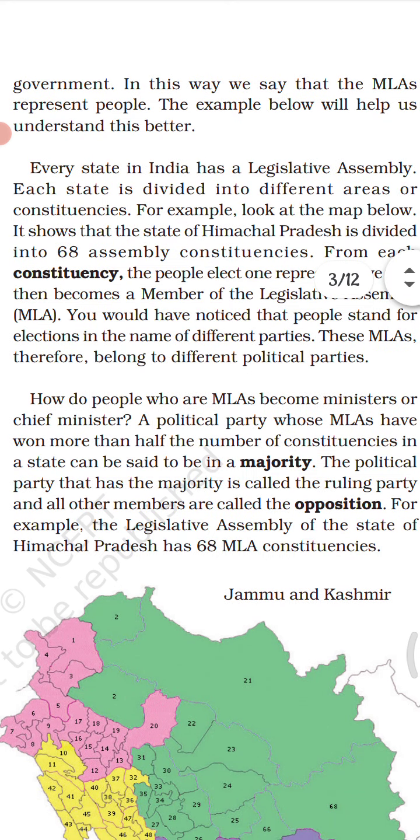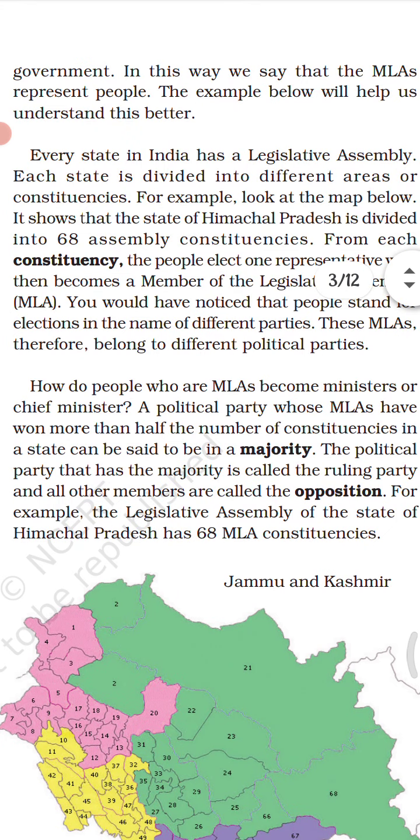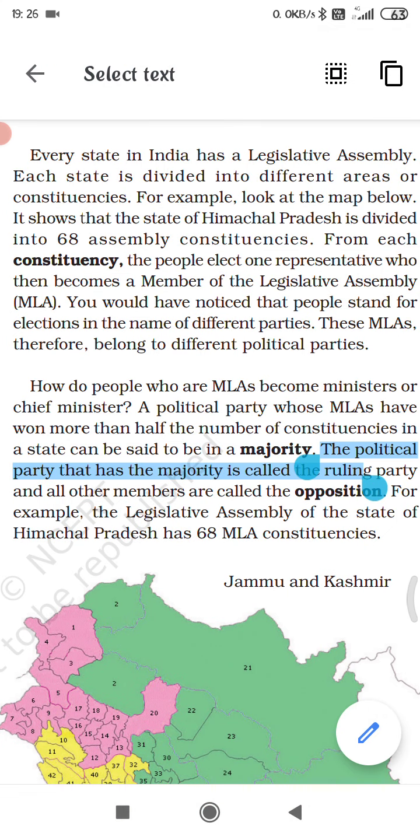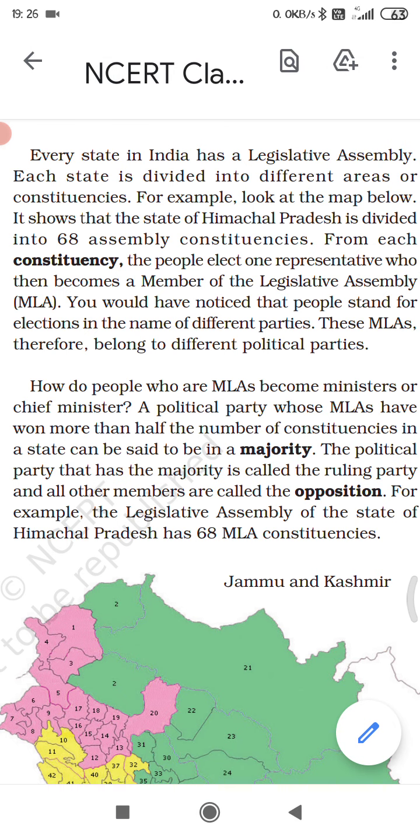The political party that has the majority is called the ruling party. So this is another important thing, so underline it. The political party that has the majority is called the ruling party. Why is it called the ruling party? Because this party forms and runs the government or rules the state. So that's why it is called ruling party.